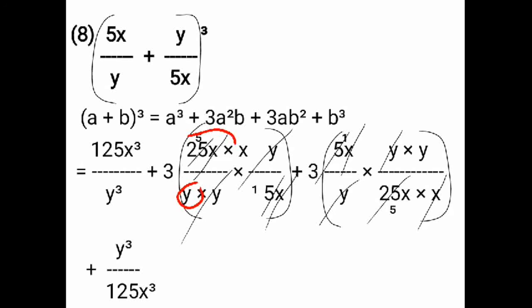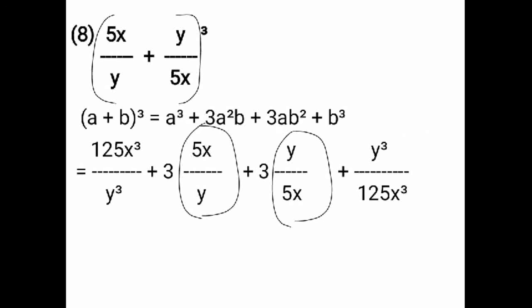In 3ab square which is there left number, on numerator only y is left after doing cancellation, and on denominator 5x is left. Okay, so next step is 125 x cube upon y cube plus 3 in bracket 5x upon y plus 3 in bracket y upon 5x plus y cube upon 125 x cube.